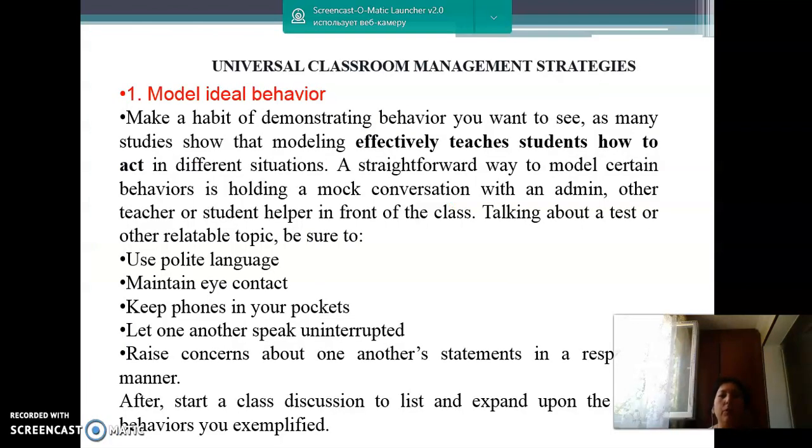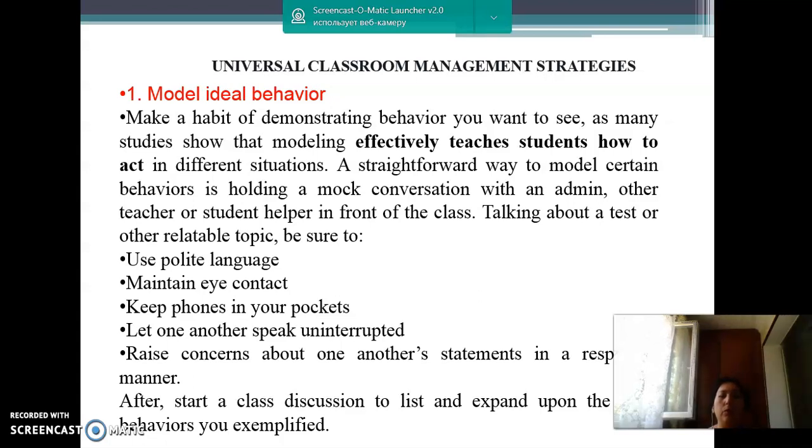Let's talk about universal classroom management strategies. The first one, model ideal behavior. Make a habit of demonstrating behavior you want to see, as many studies show that modeling effectively teaches students how to act in different situations. A straightforward way to model certain behavior is holding a mock conversation with an admin, teacher, or student helper in front of the class, talking about a test or other relatable topic.